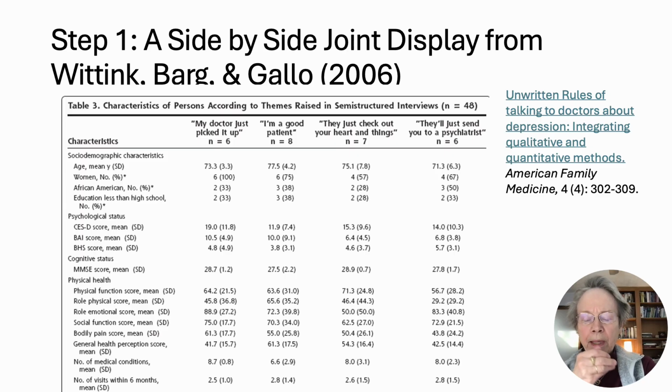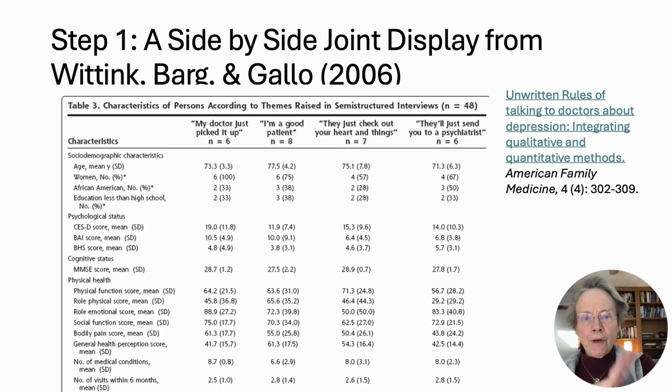The literature was beginning to appear. The language of joint displays did not really come into accepted terminology until this sort of landmark piece that Creswell and Plano Clark identified in their 2008 edition of their textbook about mixed methods.